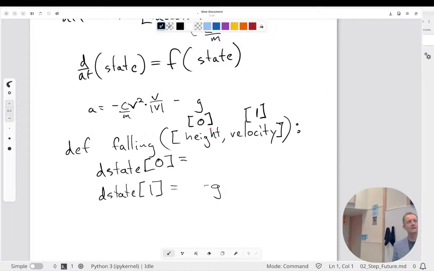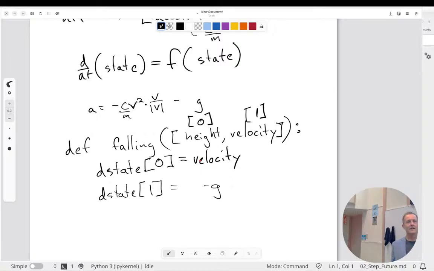Is it just the velocity? But then if you say that the derivative of state 1 is just state 1? Or the derivative of state 0 is state 1, is that what it is? Yeah, that's it.